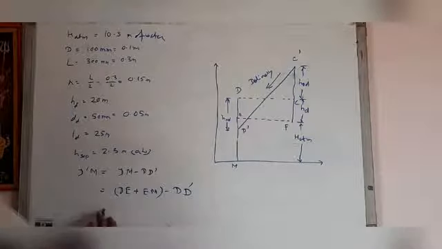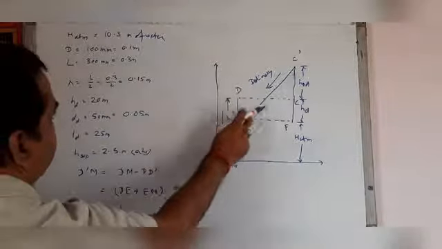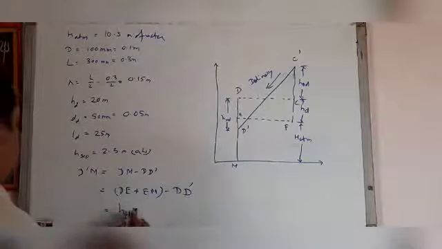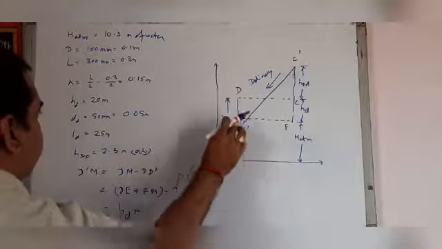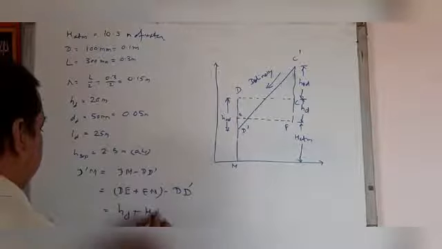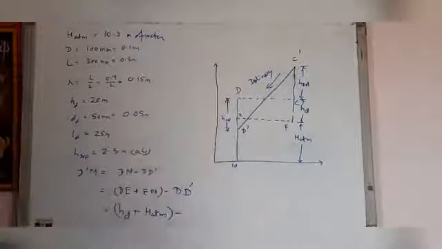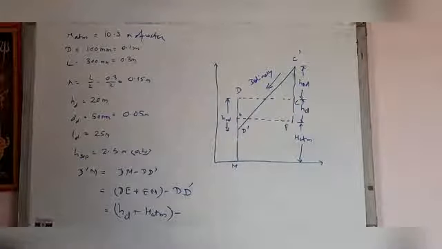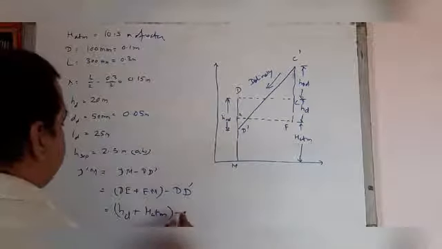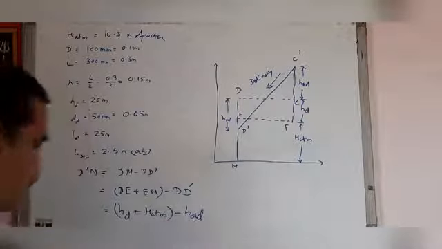So that is equal to H delivery, HD, plus EM, which is H atmospheric, minus DD dash, which is HAD.